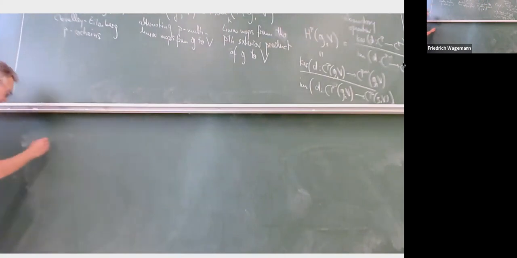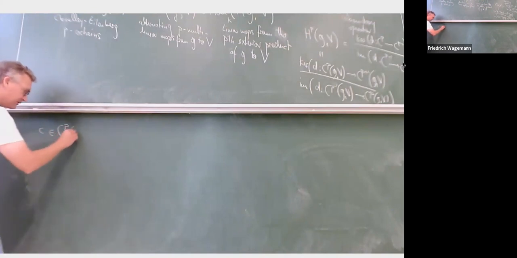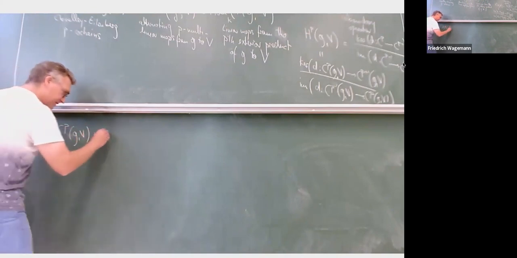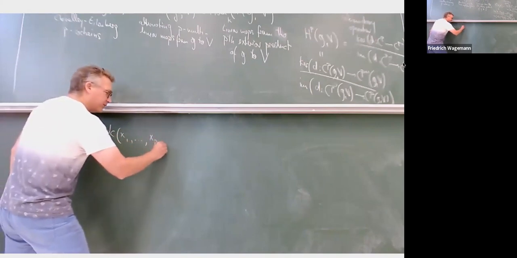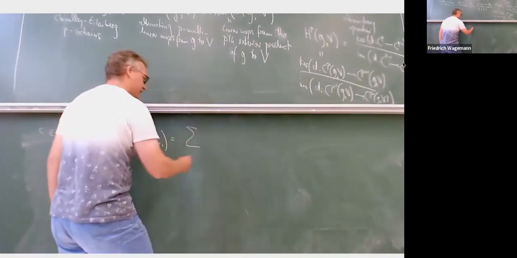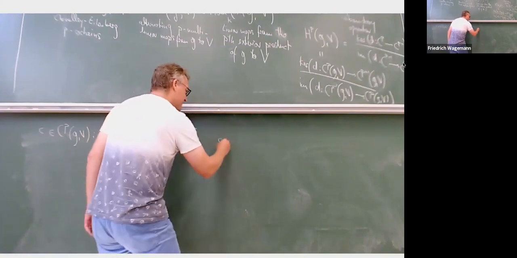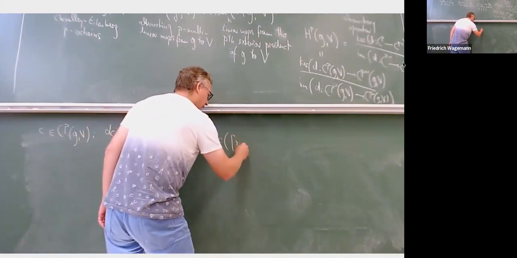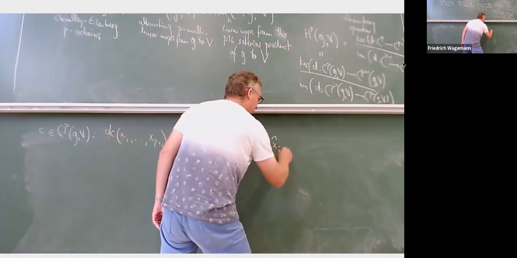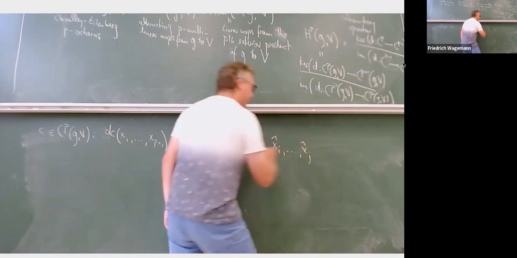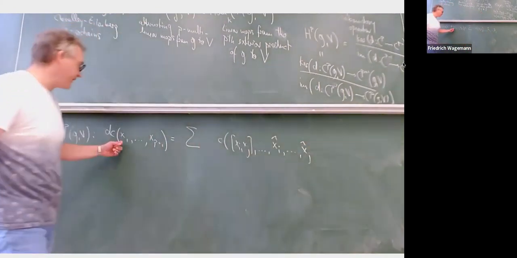So take C a P cochain, and D C is a P plus 1 cochain, which is by definition C applied to the bracket, where I take two elements, xi and xj, from the list of elements x1 to xp plus 1.